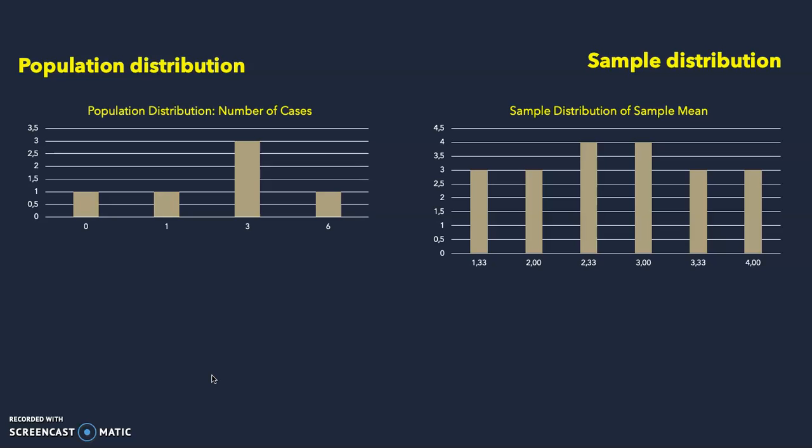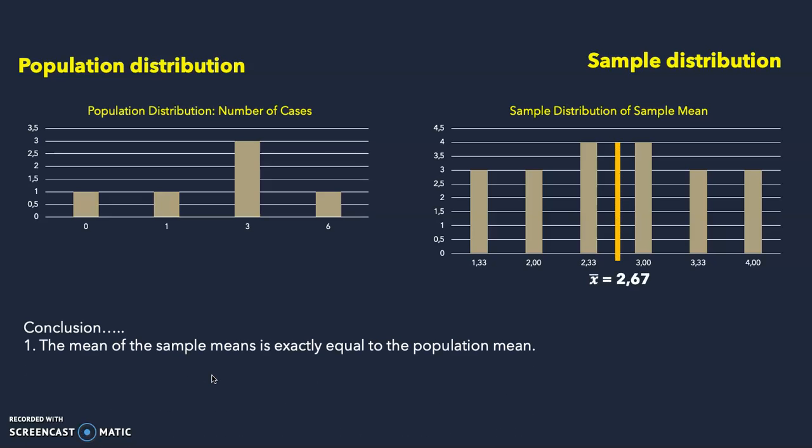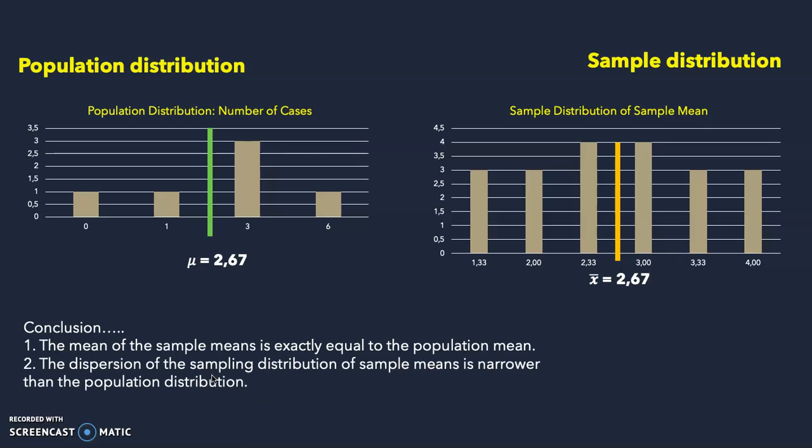Now that you understand how a sample distribution of a sample mean is distributed, we may conclude that the mean of the sample mean is exactly equal to the population mean. The dispersion of the sampling distribution of sample mean is narrower than the population distribution.